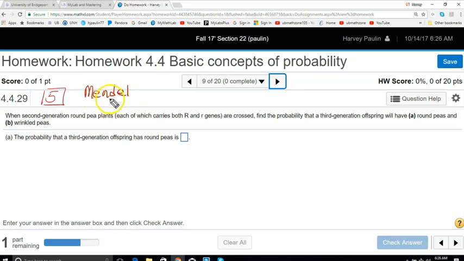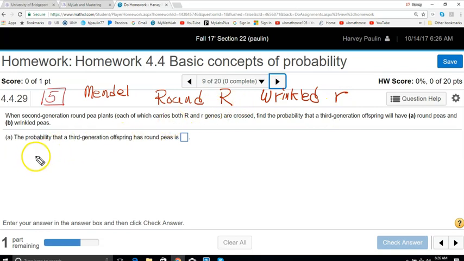He is considered the father of modern day genetics and was an Austrian monk who did work with pea plants. Now, some background: a round pea plant, as opposed to wrinkled, is a dominant trait, and wrinkled is a recessive trait.